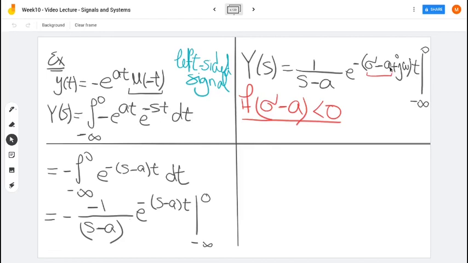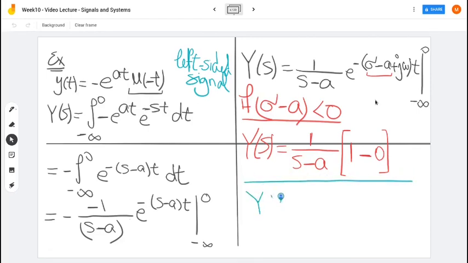So in this case, y of s will be equal to 1 over s minus a, and now substituting with 0, e to the power 0 is 1, minus, substituting with minus infinity given this condition will give us 0, so y of s will take the form of 1 over s minus a, and of course the region of convergence is sigma minus a less than 0 or sigma less than a.